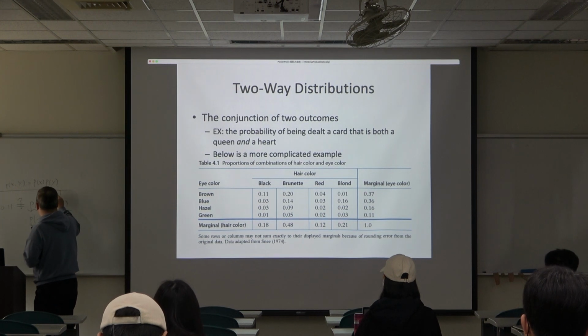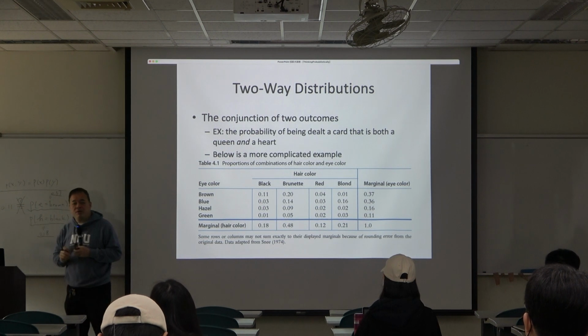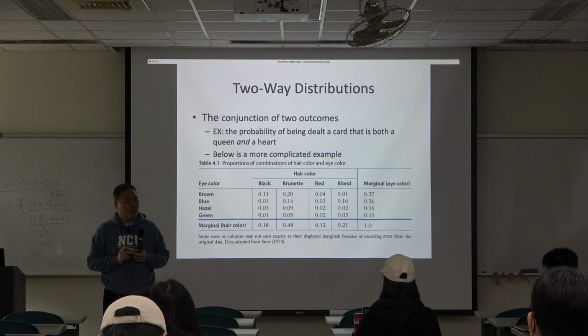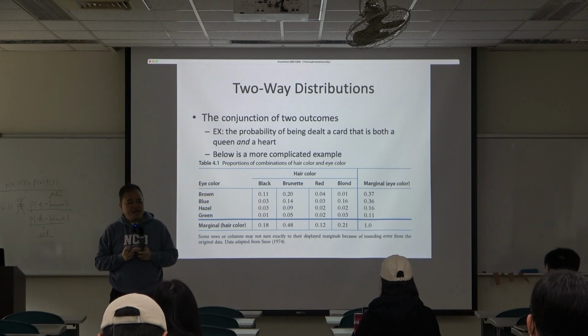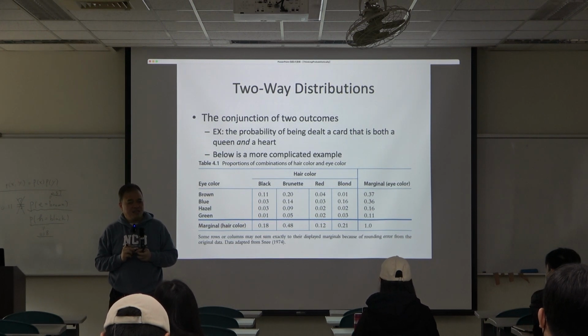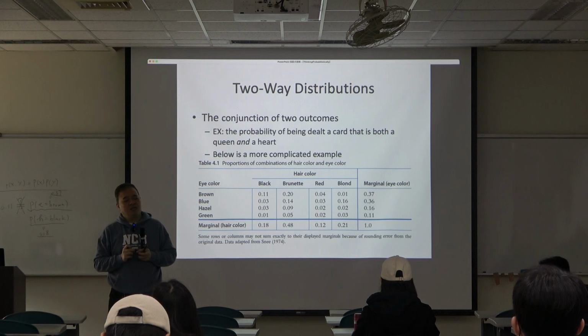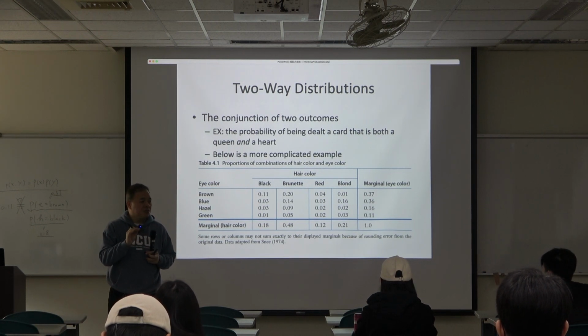So these two multiplied together does not equal 0.11, right? So it tells you that the eye color and the hair color are not independent. They are dependent. As for dependent by how much, that's a different issue.